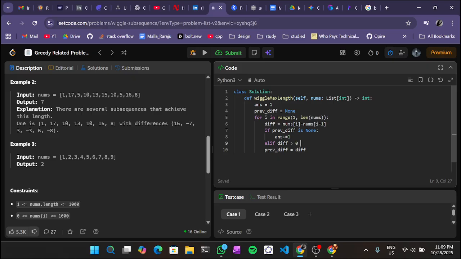difference is positive and previous difference is negative.